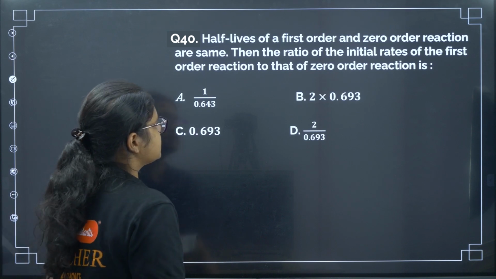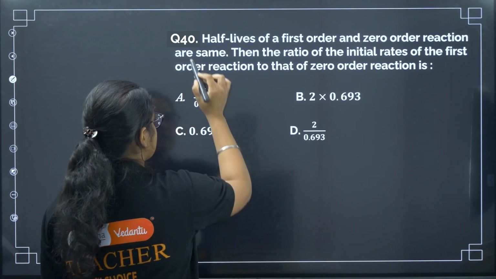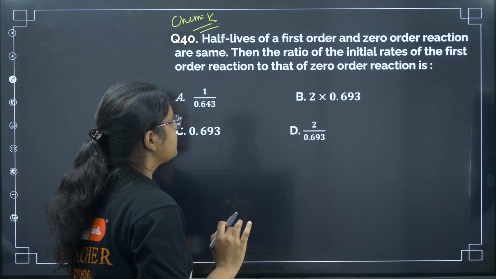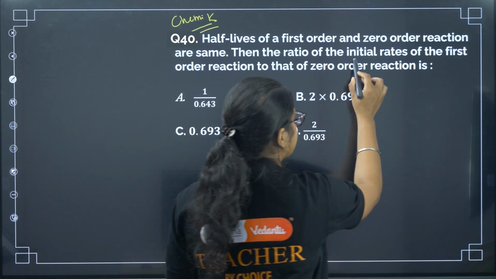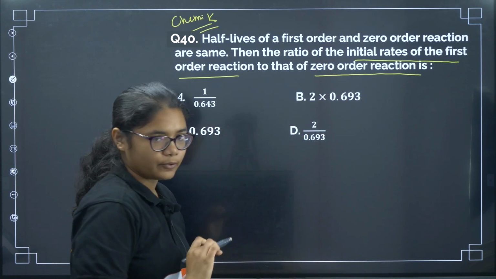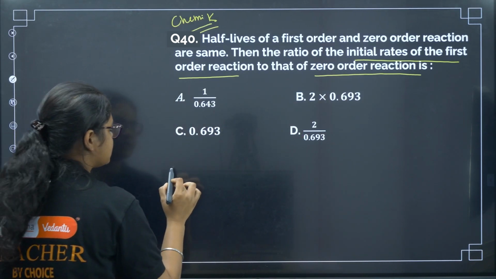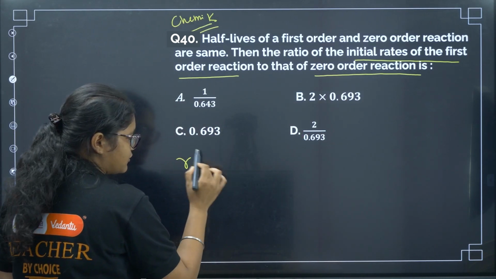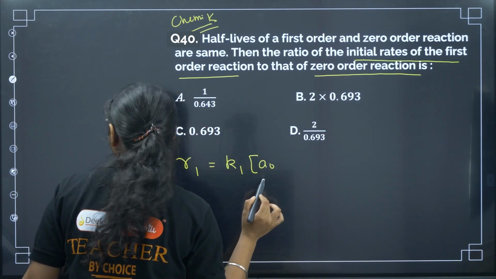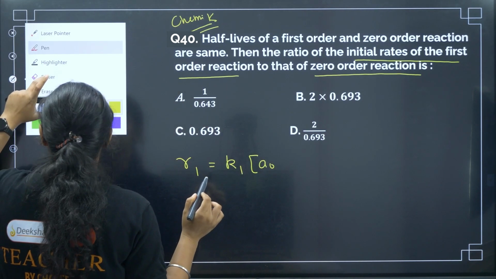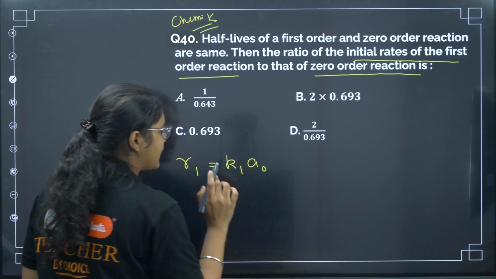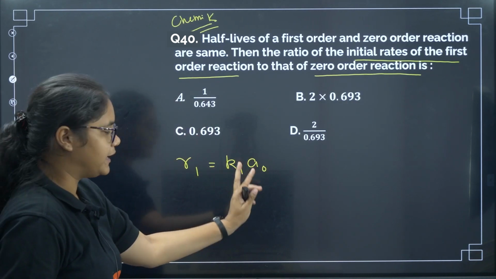Next, the half-life of first order and zeroth order reactions are the same. So the question is from chemical kinetics and half-life concept. Then the ratio of the initial rate of the first order reaction to that of the zeroth order reaction. So first, what ratio is asked, let us write down. R1 for first order, I can write K1 into initial concentration, A naught, and since it is first order, that will be A naught to the power of 1.